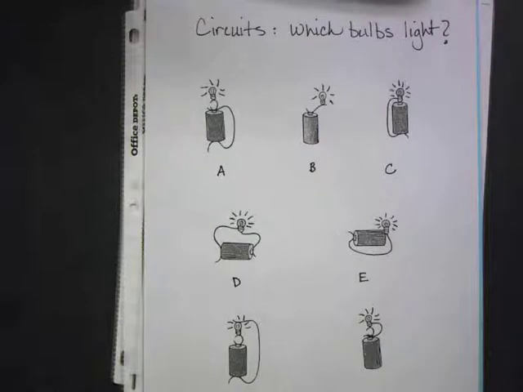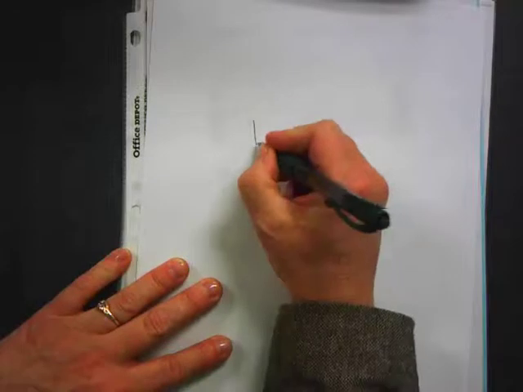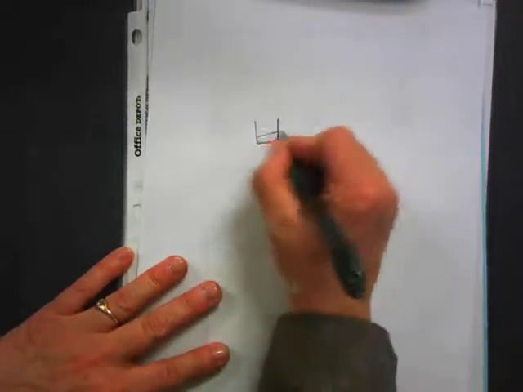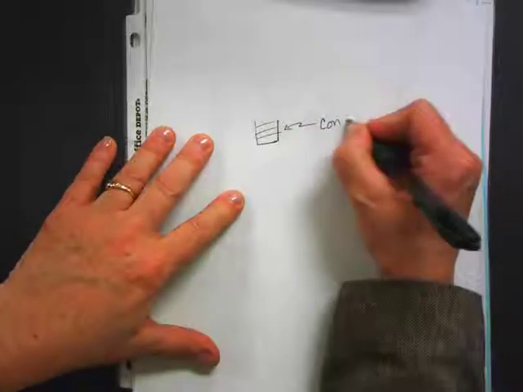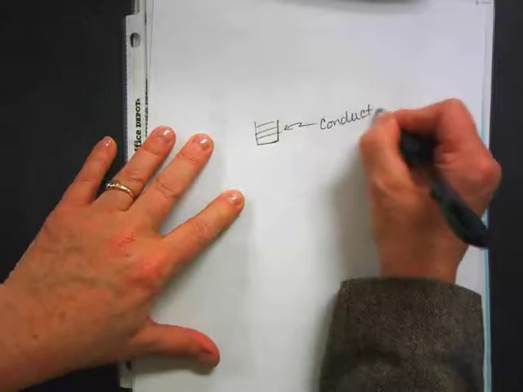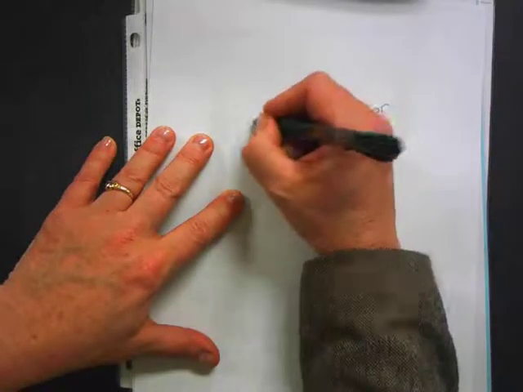And I'm going to ask you which light bulbs will light. A traditional light bulb, or even a fluorescent gas light bulb, works as follows. There's a conductive base that has a cuff, and that's where the threads are. So the base itself is a good conductor.